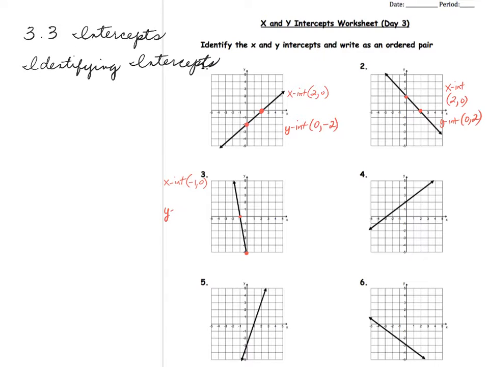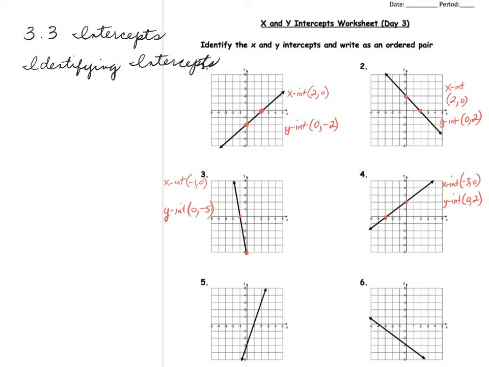So the y-intercept is, let's see, (0, -5). The x-intercept with number 4 is, where does it cross the x-axis? (-3, 0). The y-intercept is (0, 2).